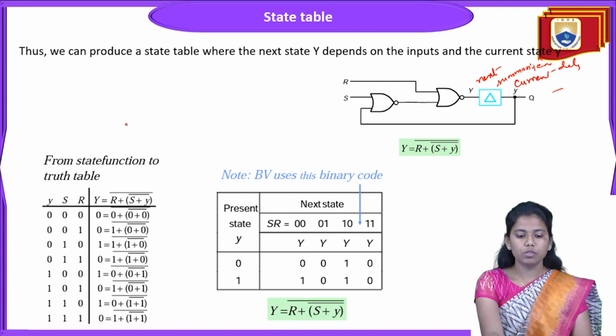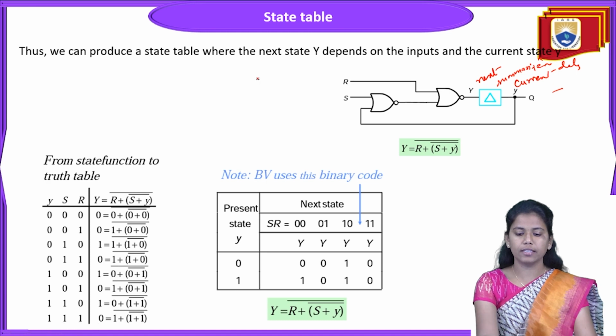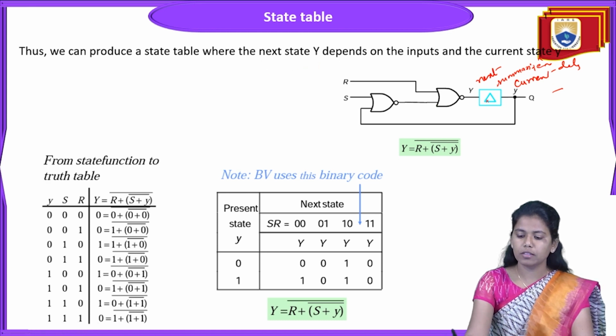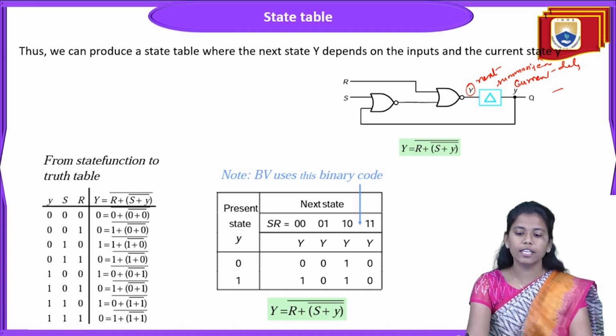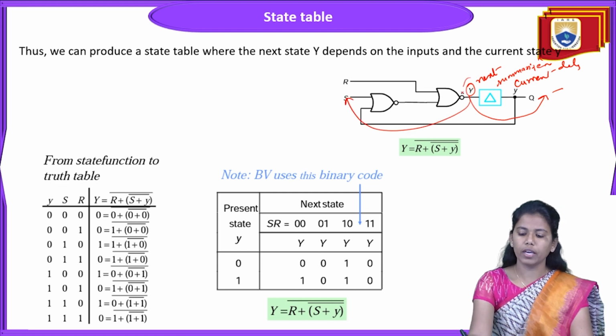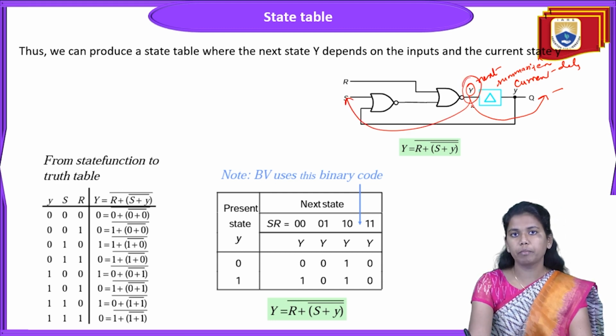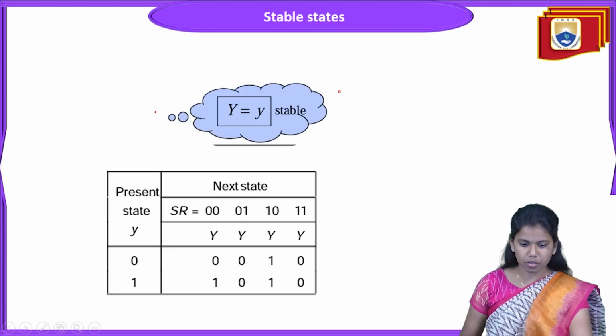Thus we can produce a state table, where the next state Y depends on the inputs and the current state y. Small y is the current state, and capital Y is the next state.